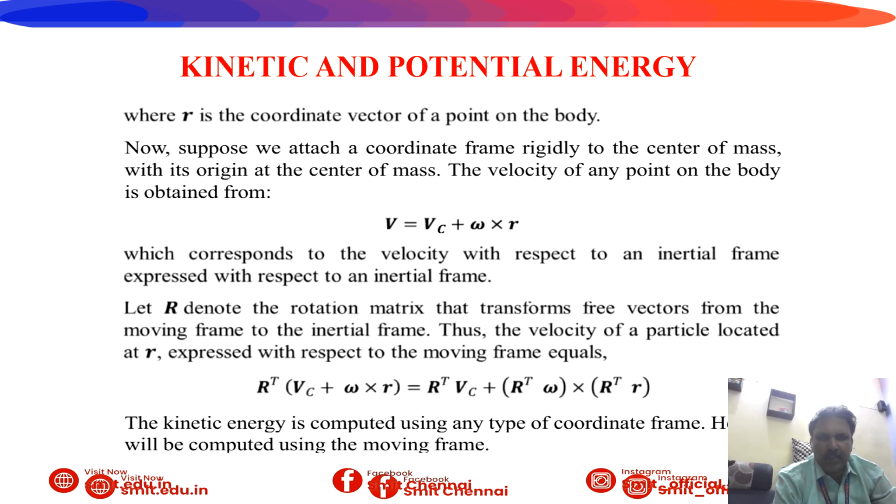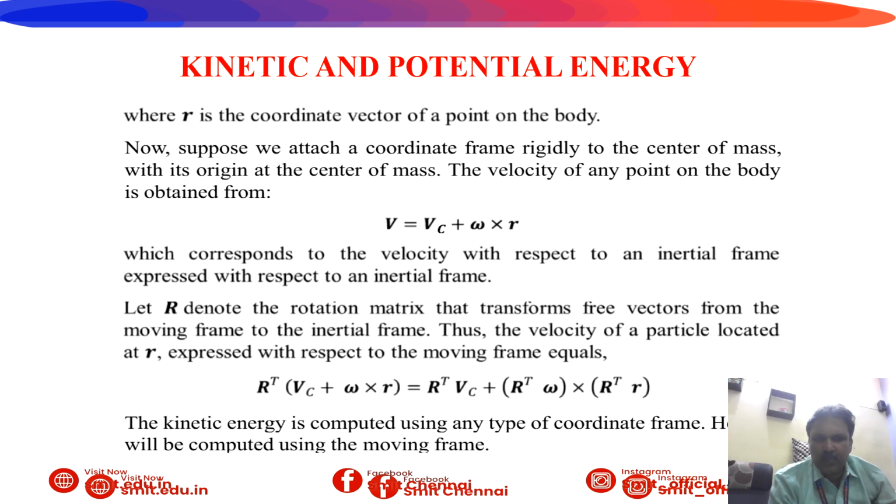Then R denotes the rotation matrix that transforms free vectors from the moving frame to the inertial frame. Thus the velocity of a particle located at r expressed with respect to the moving frame equals R transpose (v_c plus omega cross r), which is R transpose v_c plus R transpose omega cross R transpose r.